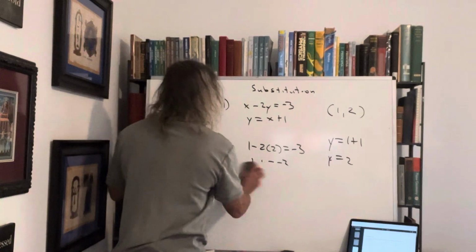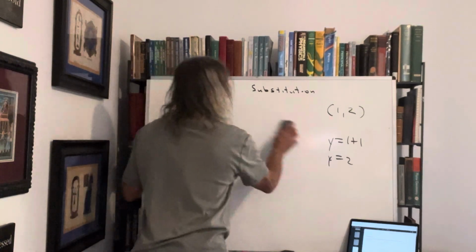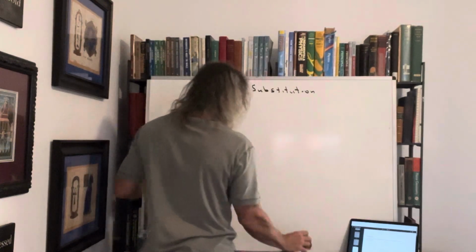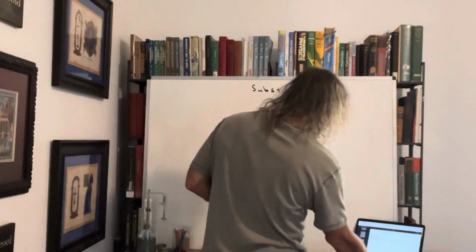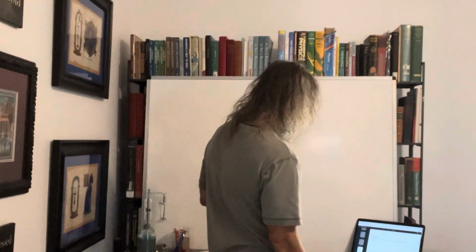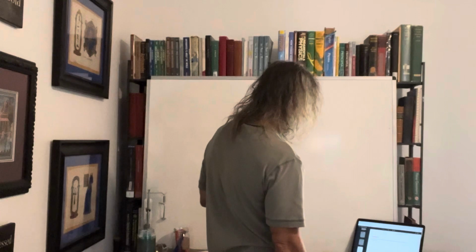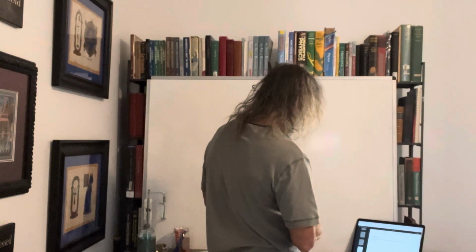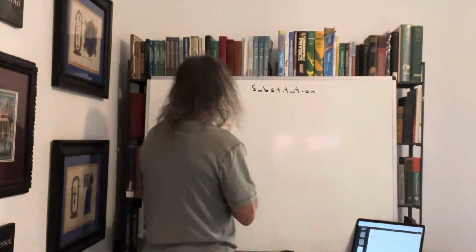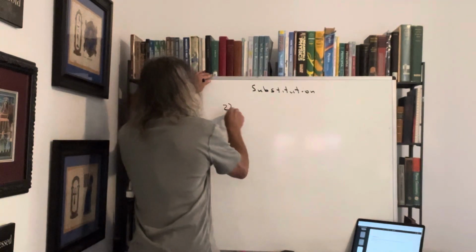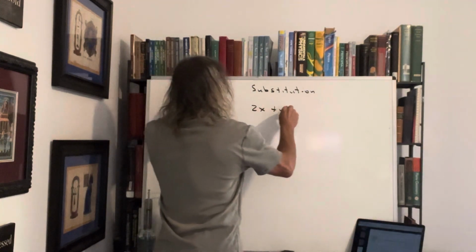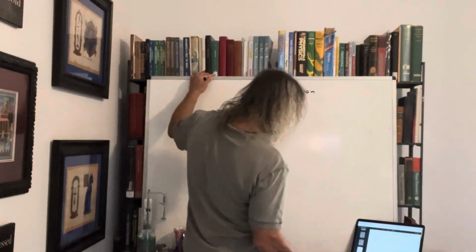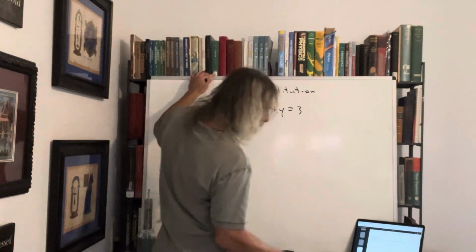Number 2. We're going to start with 2 equations, squash them down into 1, and then solve. How about 2x plus y equals 3, and x is 3y plus 5.